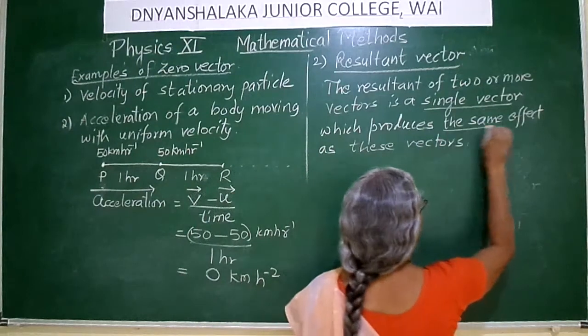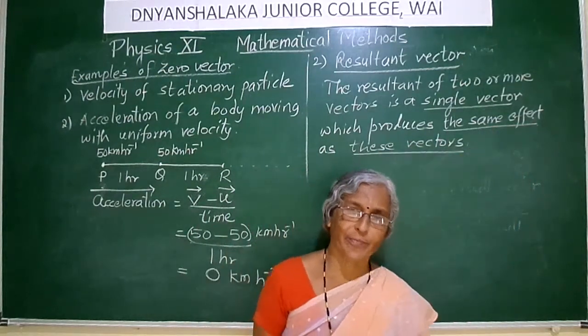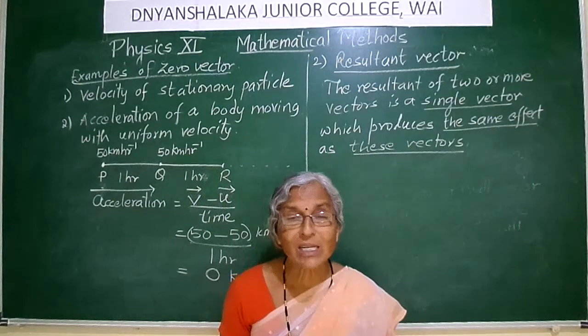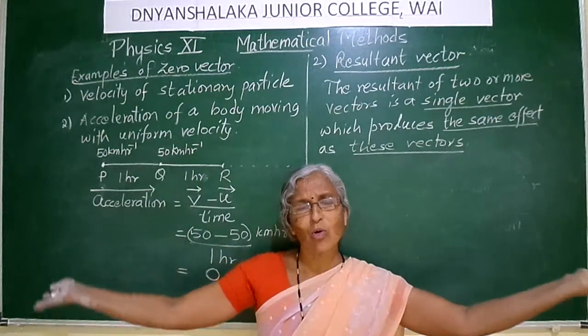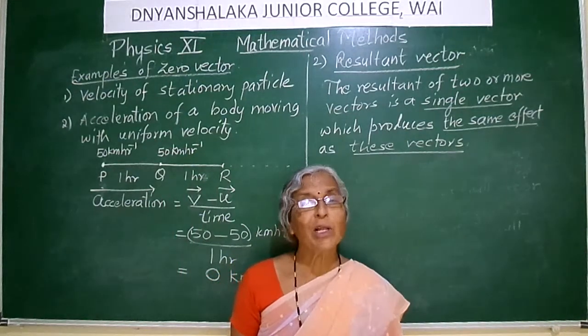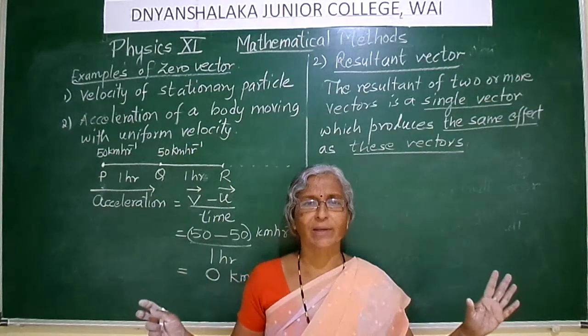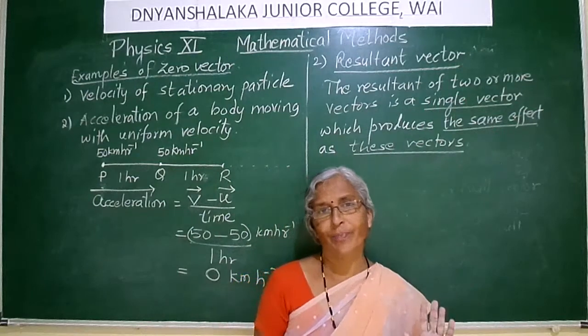Okay. So what is resultant vector? Resultant vector or resultant of two or more vectors is a single vector which will produce the same effect as would be produced by those vectors.